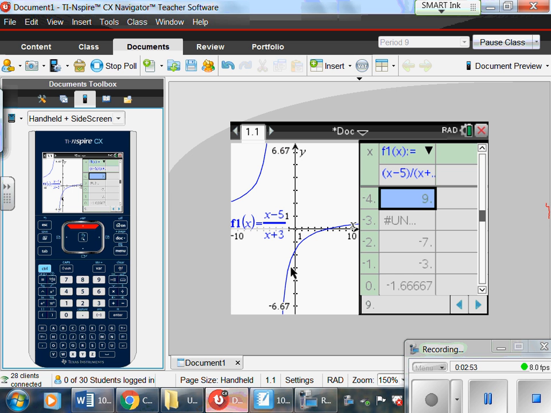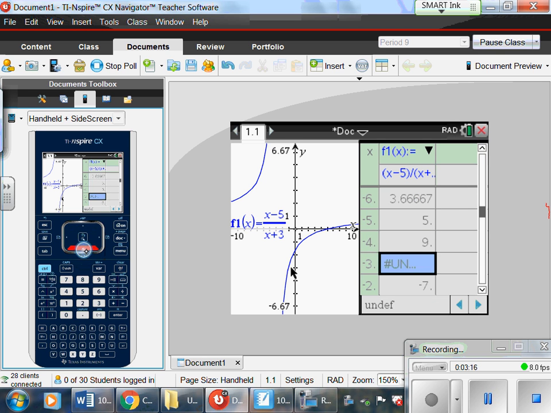I've already entered it in, and you can see that we're looking for when the y values are greater than or equal to 0. When you start getting to numbers higher than negative 3, we get positive numbers, and that's what we want. If you're not sure whether, let's say, 3.1 is in there, you can change your table set.